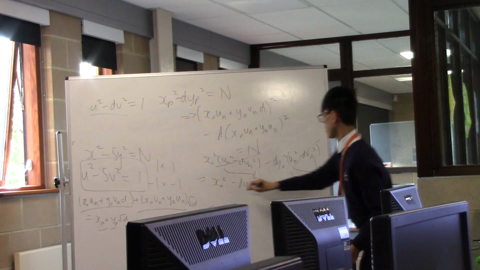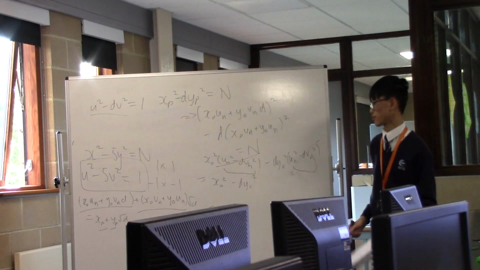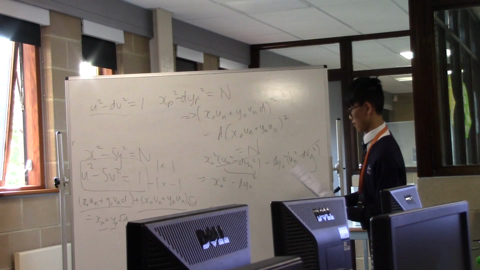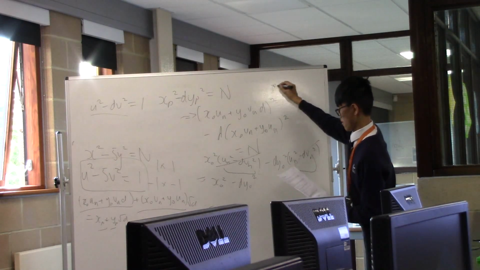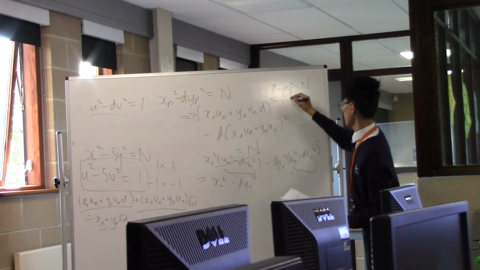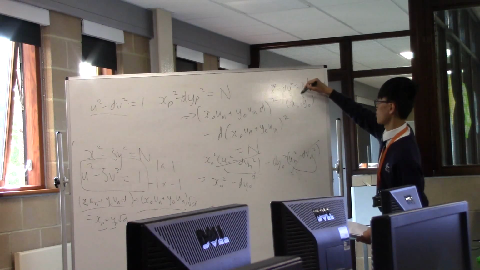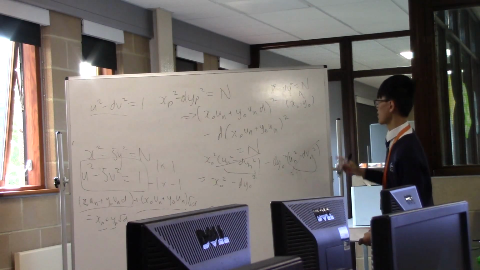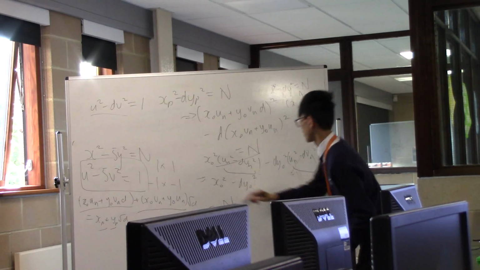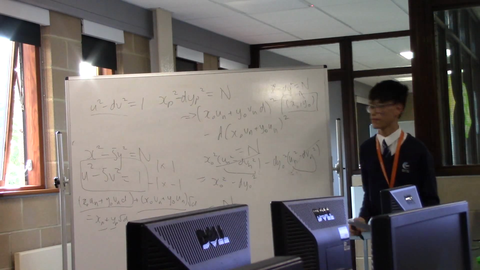And because we know that x0 and y0 are fundamental solutions to our equation x squared minus dy squared equals n, this will also be equal to n, because of how we defined our fundamental solution.